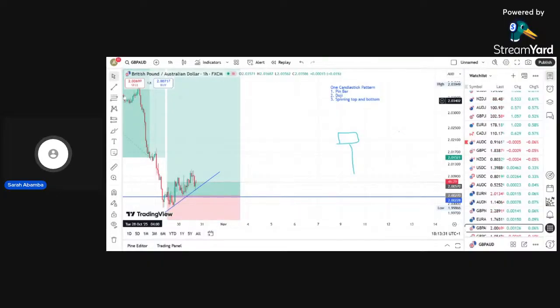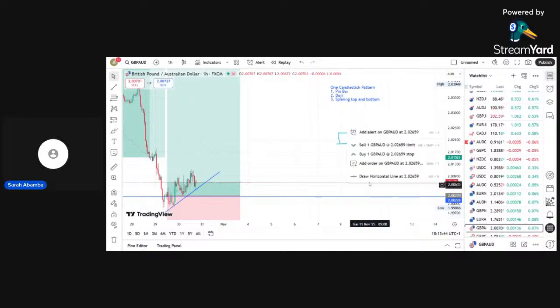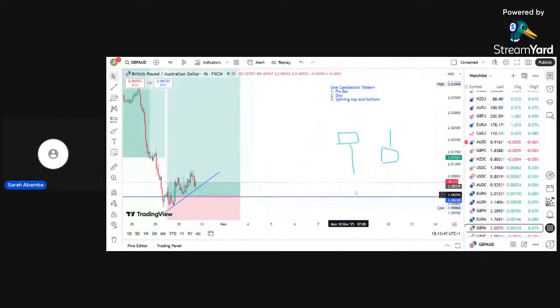So we have these two as the pin bar. The first one is the bullish pin bar, while the second one is the bearish pin bar.